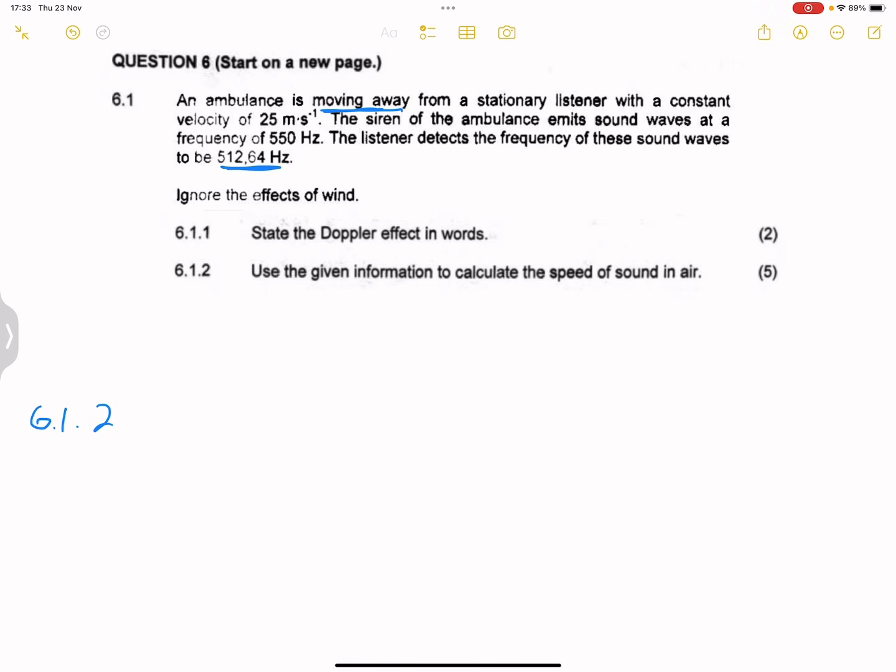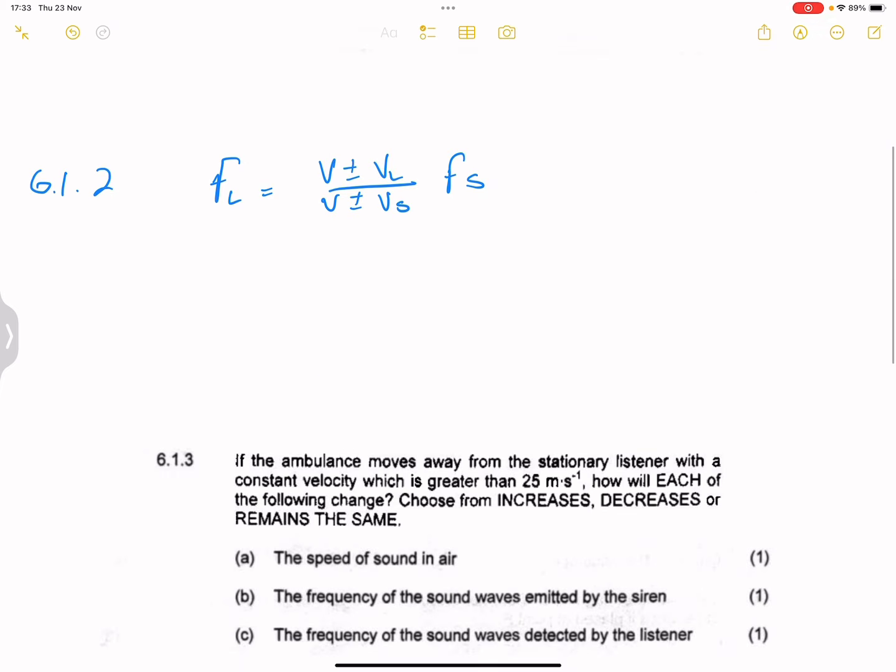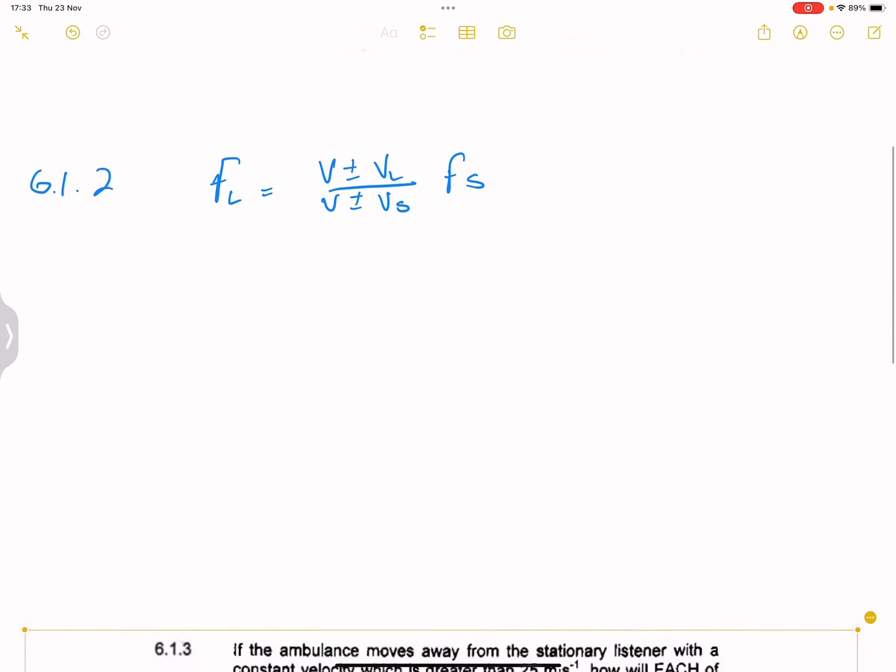They say use the information to calculate the speed of sound in air. Now remember, in this case what we use is the Doppler effect equation, f_L = (v ± v_L) / (v ± v_s) times f_s.